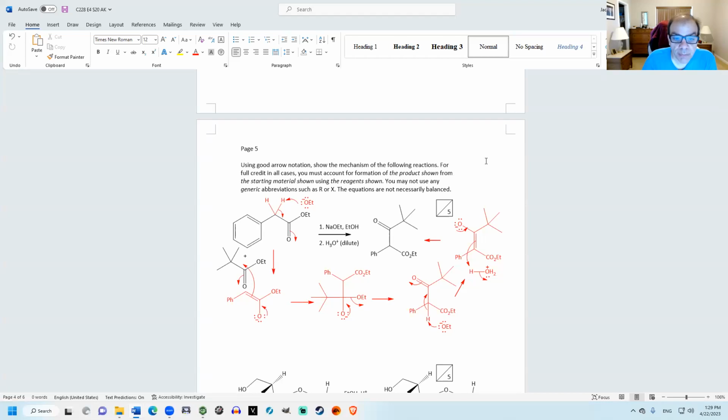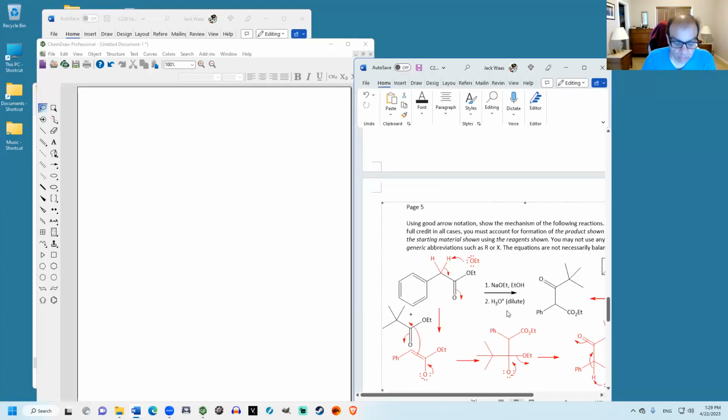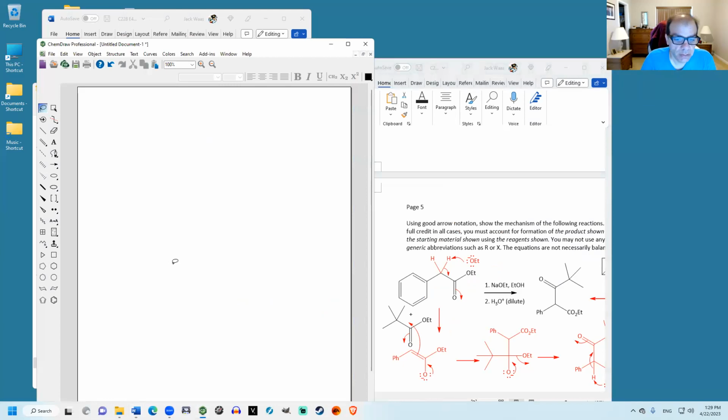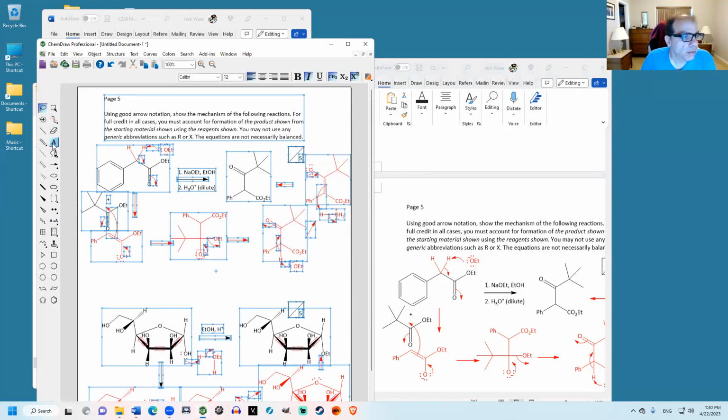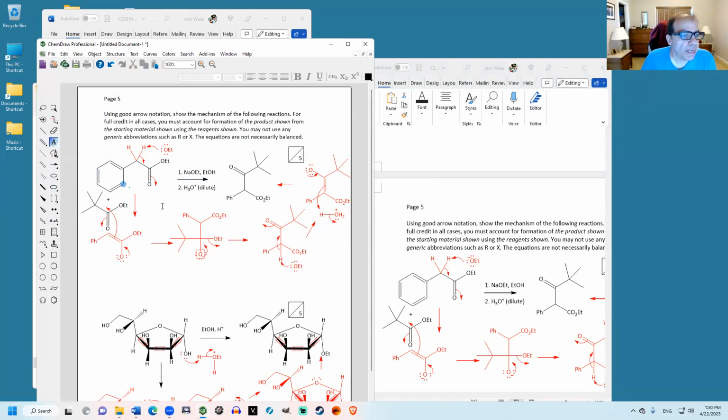Next, we come to our mechanisms. The first mechanism is of a Claisen condensation once again, because you're reacting an ester enolate with an ester. So it says reacting this plus this.